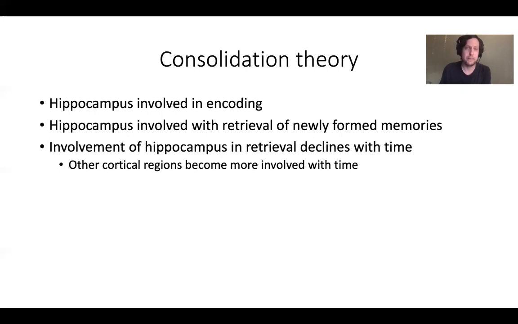If you were to measure my brain's response, there's likely to be a high amount of activity in my hippocampus that day after I encoded that long-term memory about the person's name. That's because when you have a freshly formed long-term memory, the hippocampus is important for retrieving that newly formed memory.